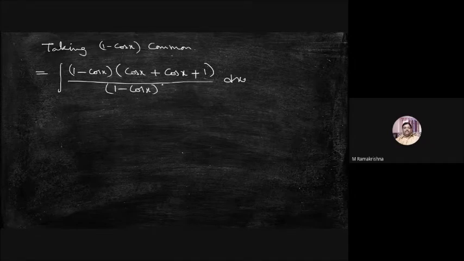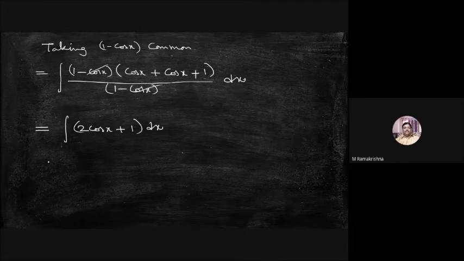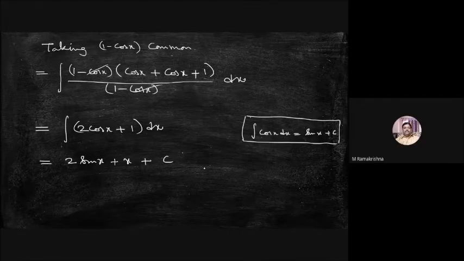Okay. Now 1 minus cos x, 1 minus cos x get cancelled. We are left with 2 cos x plus 1 dx. Now integration of cos x is sin x, so 2 sin x plus integration of 1 is x. By now you are comfortable with writing directly, so I am just taking it direct. Understood? One more example.